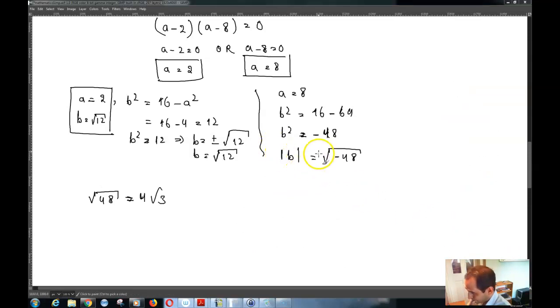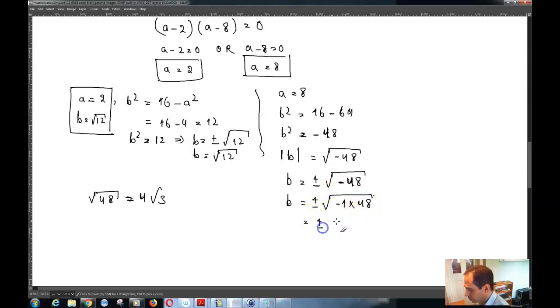So now what this means is that to solve this equation, you need to write B as plus or minus the square root of negative 48. And of course this plus or minus is different from this negative over here. Now, you can write this as B is equal to plus or minus the square root of negative 1 times 48, which is plus or minus the square root of negative 1 times the square root of 48.